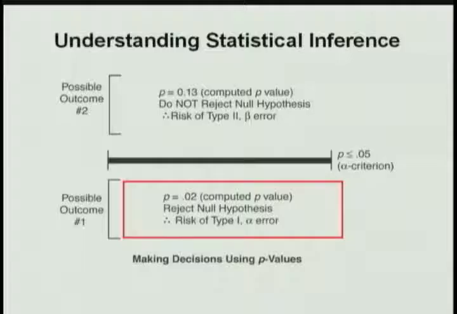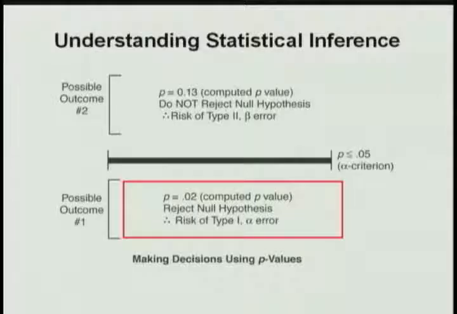And if it turns out that the drug doesn't work in the real world, then the decision I just made, rejecting the null hypothesis, was wrong, was a mistake, was a type 1 or alpha error. Type 1 or alpha error is simply I rejected the null hypothesis, but I should not have.